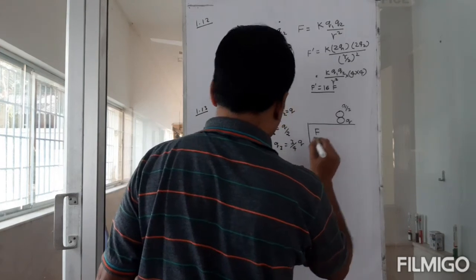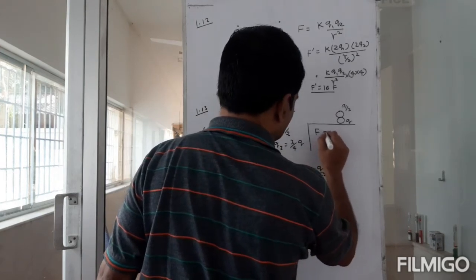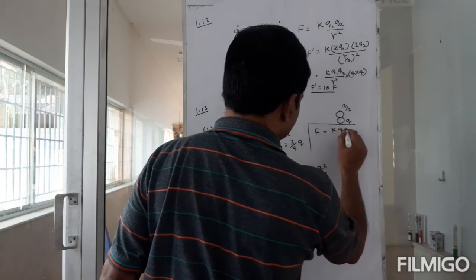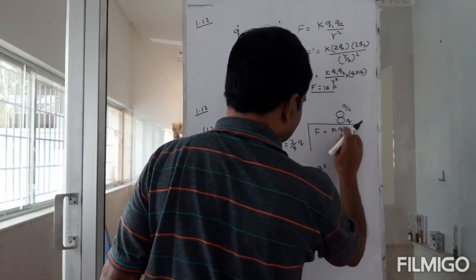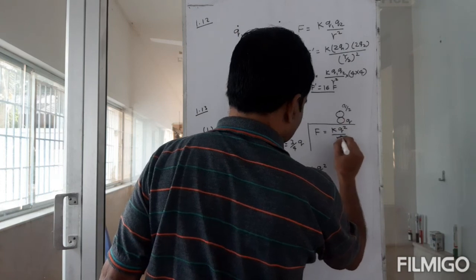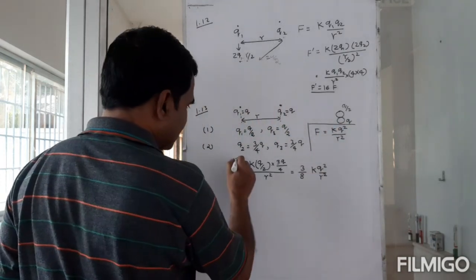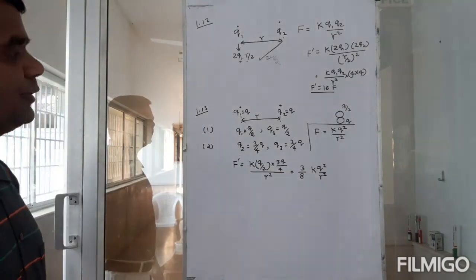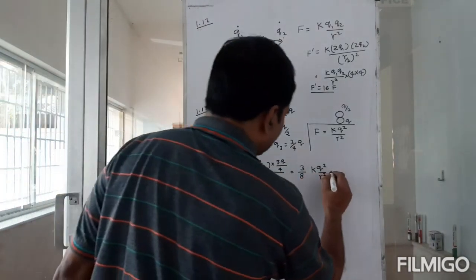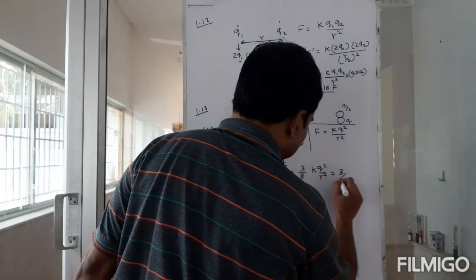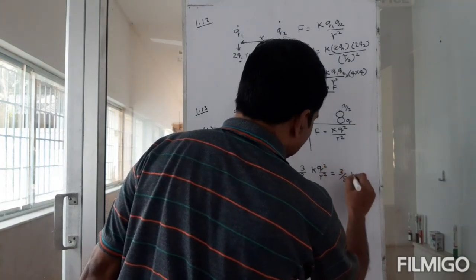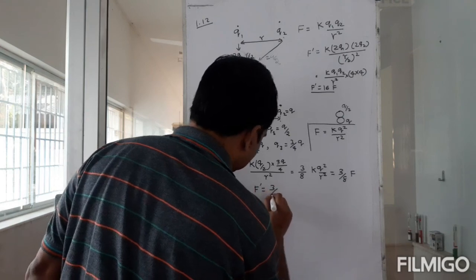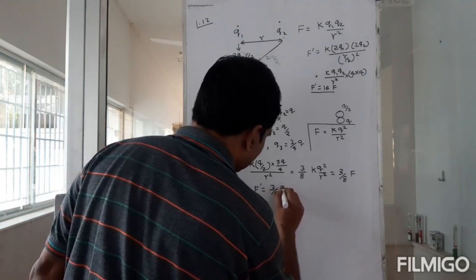The original force was equal to K Q squared by R squared. Now F dash is 3 by 8 K Q squared by R squared. So the new force is actually 3/8 of the old force.